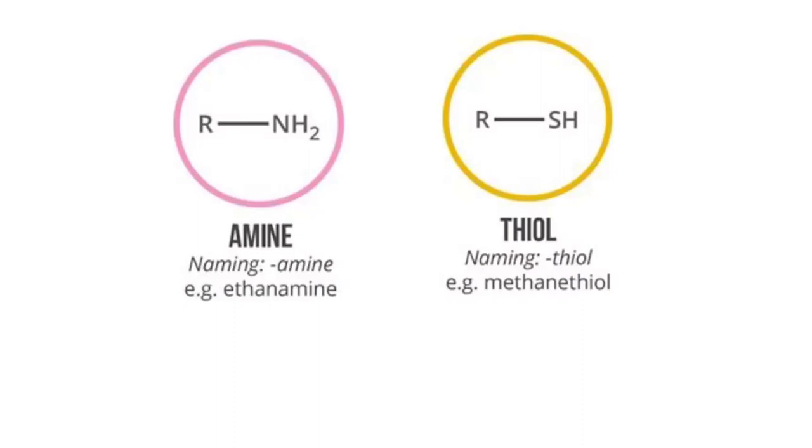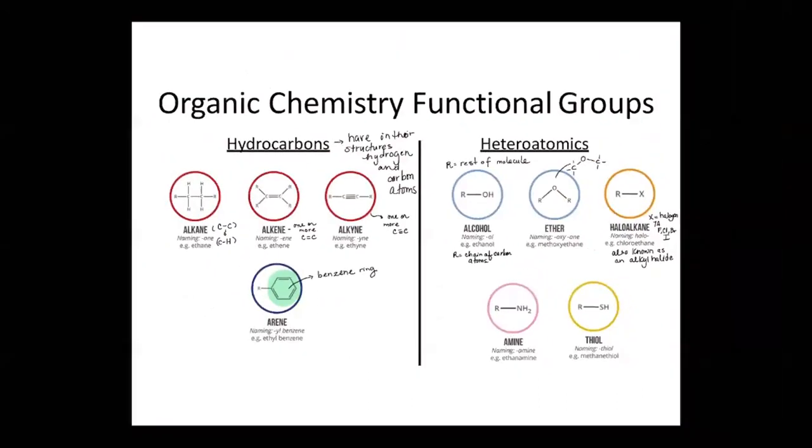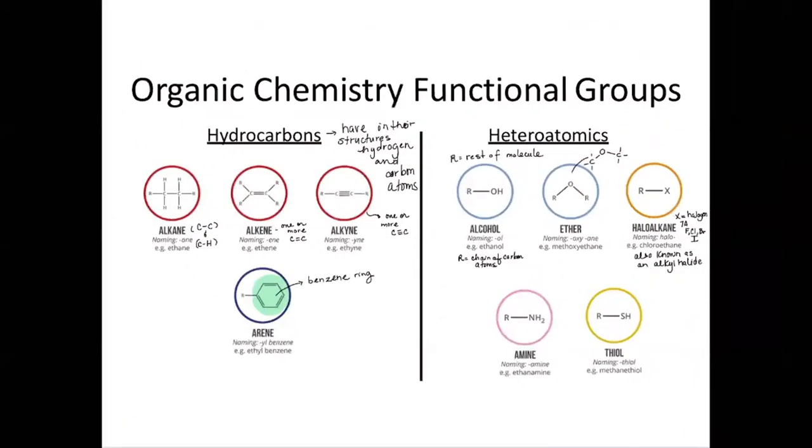But as long as you have a nitrogen, that is representing an amine. When a carbon chain, or an R group, is bonded to an SH group, that is known as a thiol, okay? And those are the members for heteroatomics.